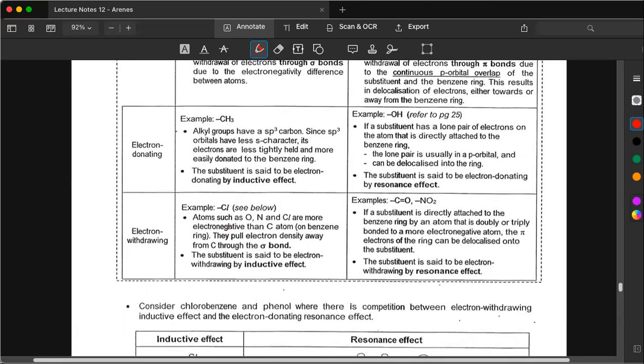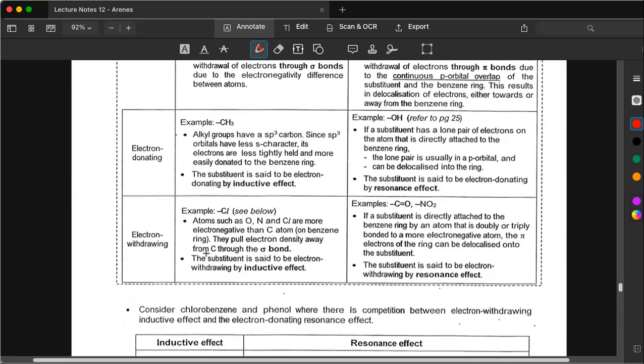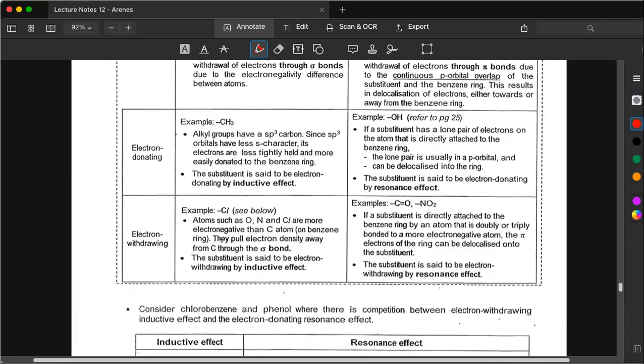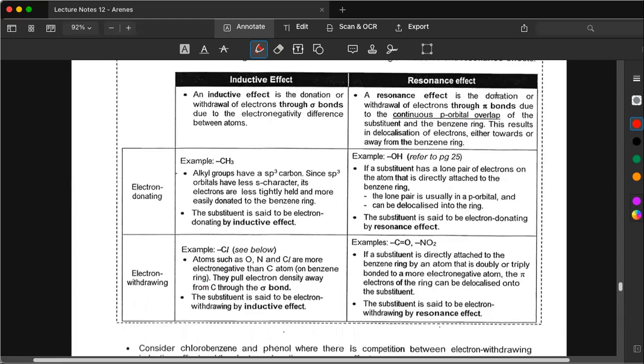However, the opposite is true if we have an electron withdrawing group like Cl, which is highly electronegative. They will pull electron density away through sigma bond. So this substituent is said to be electron withdrawing by inductive effect. Resonant effect is different. It's the donation or withdrawal of electron through pi bonds due to the continuous p orbital overlap.